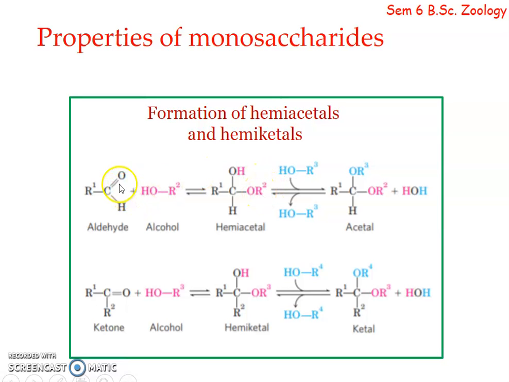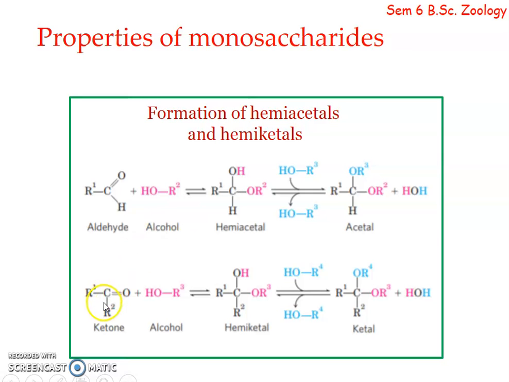The carbonyl oxygen gets converted to a hydroxyl group, the H from the alcohol combines with oxygen forming OH, and the remaining OR binds with the carbon here. This condition is known as hemiacetal formation.